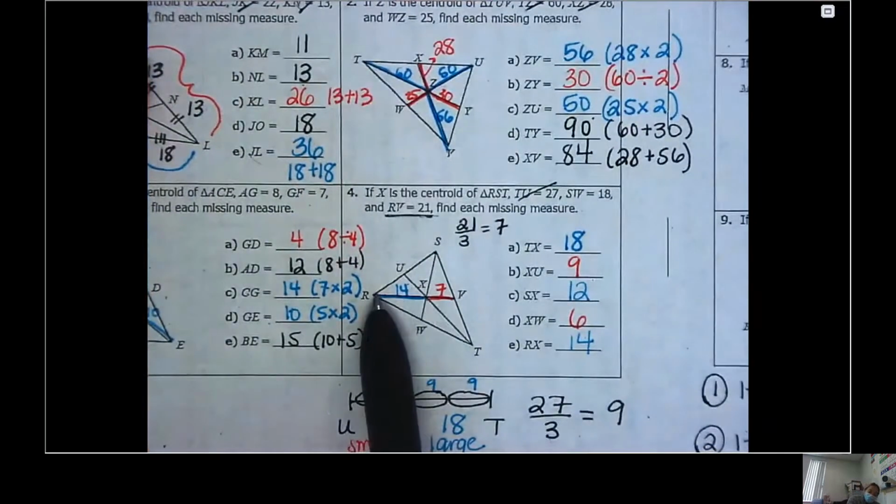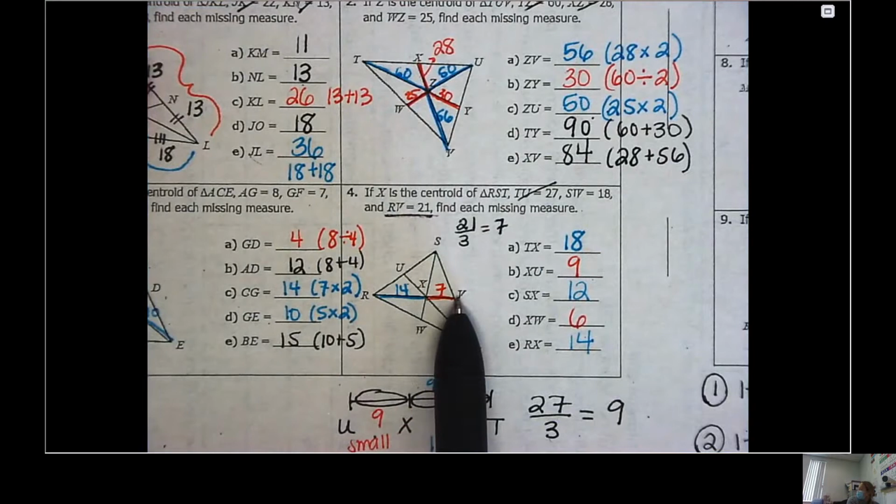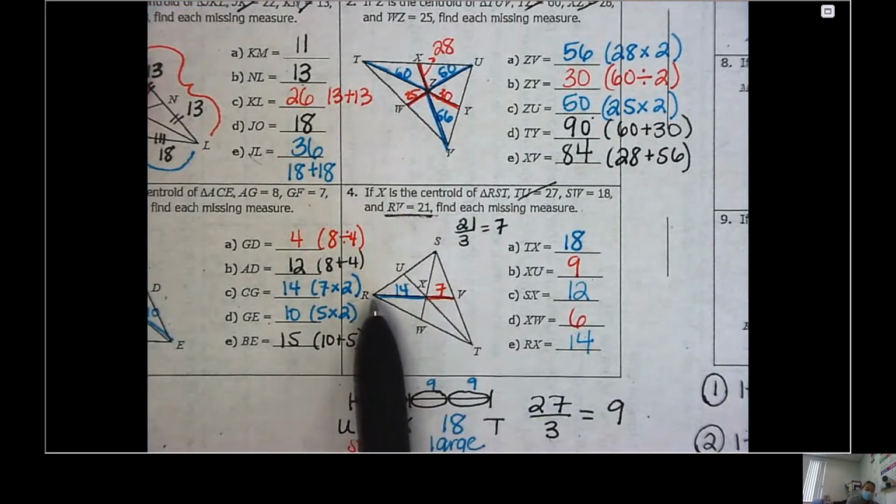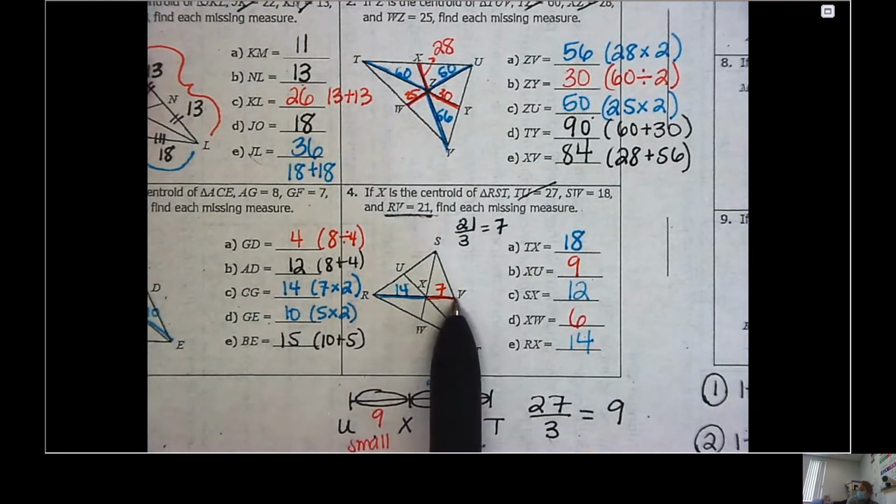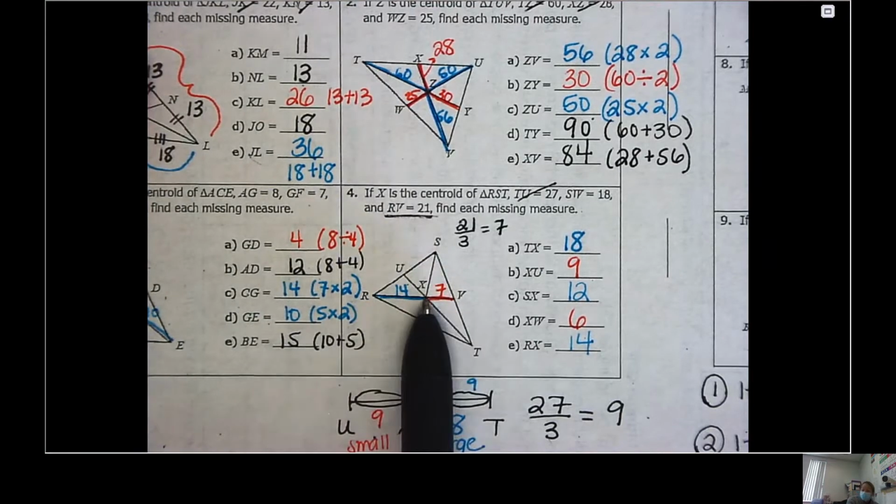So in the picture, a median, the whole thing is from a vertex all the way across to the other side, to a midpoint. If I give you that whole thing, that's the full median, that's the whole, and that's divided by 3. If it goes to the center in some way, that means it's either the big piece or the small piece.